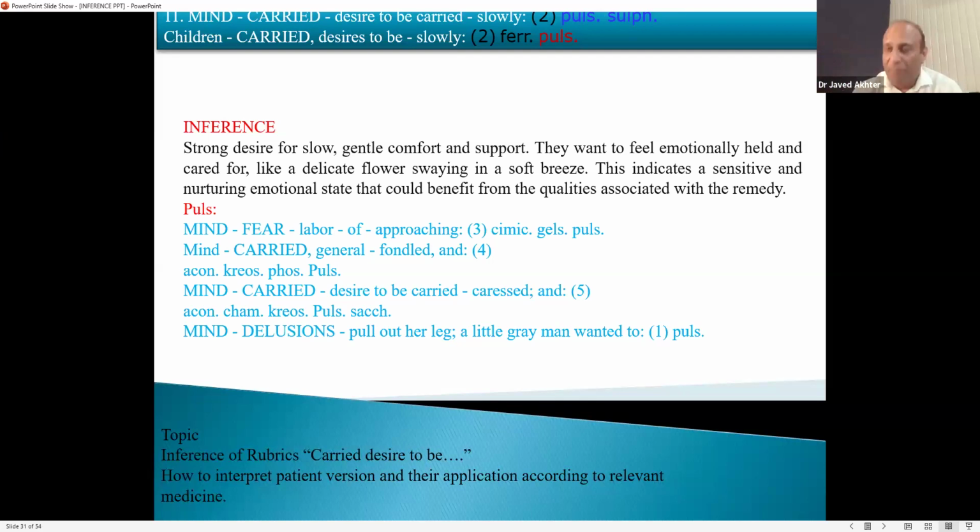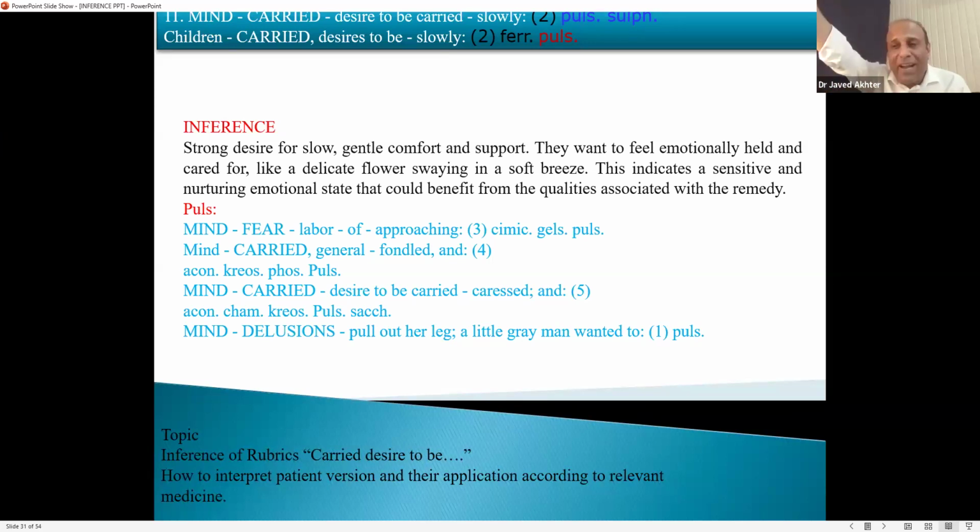For example, I'm going to give a simple example of this. Pulsatilla can talk like that. The patient says, I want relief. If I don't get relief, if you give me any complication, if there is labor, if I take the medicine, if I go to surgery, what will happen to me? It may damage me, it may complicate things for me.